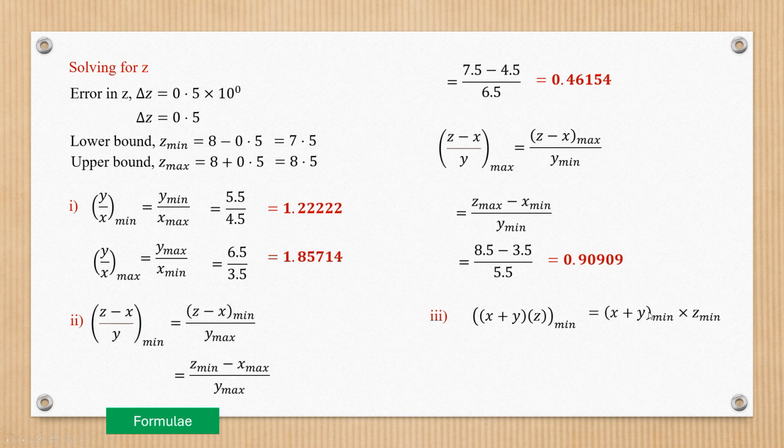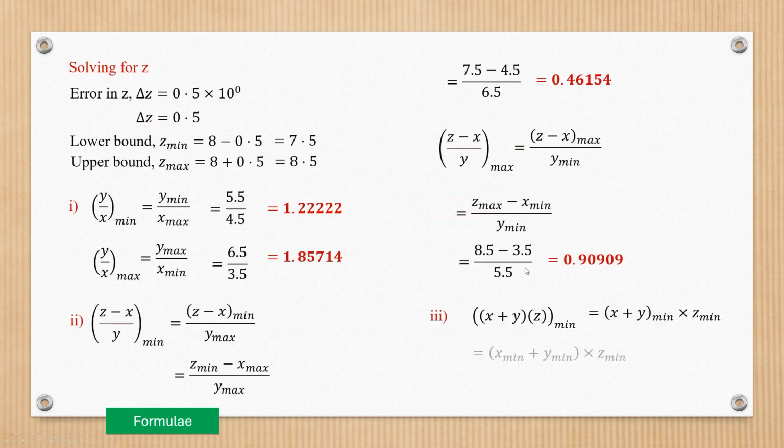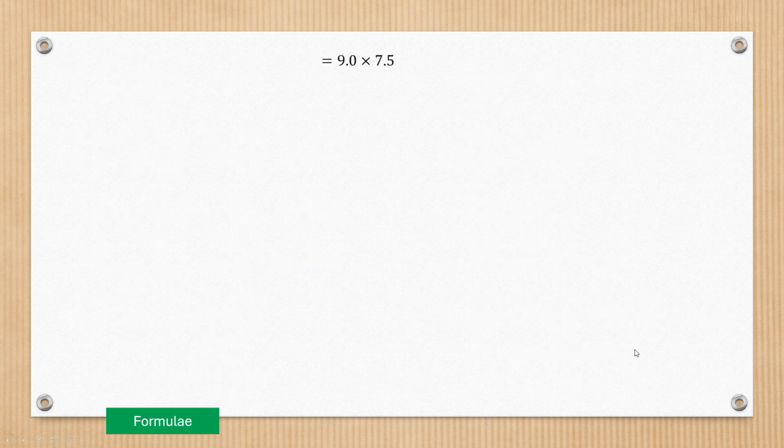Now let's look at the minimum value of addition. Now when I look at that, I'll have x min plus y min. So that can further be broken down like that. Then I'll have 3.5 plus 5.5 because I know that this is x min and this is y min, times 7.5, of which the answer shall be 9.0 times 7.5, which is 67.5, and that is the minimum value.